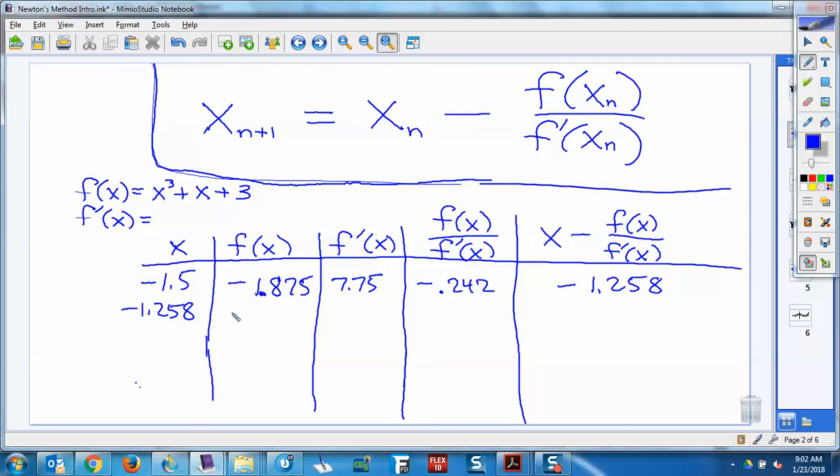Anybody got it? We're hoping for 0. That's pretty close, right? That's not bad. Now it's not close enough, but it tells us we're on the right track. And then we want f prime. And then we want to divide those two.